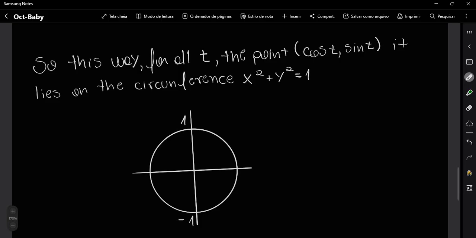So 1, minus 1, minus 1 and 1. And this is the axis x, the axis y.